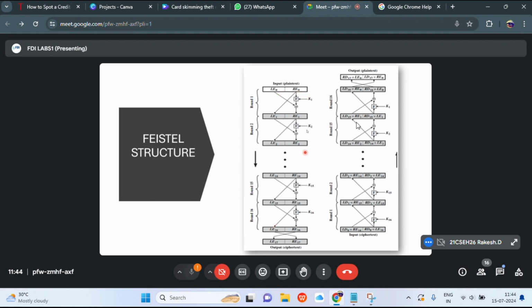If there are more rounds, it will take more time, and if the key length is more, it is more secure, but it will take more time. And if the key length is small, it will be considered vulnerable. So the key and rounds should be apt for the security process.